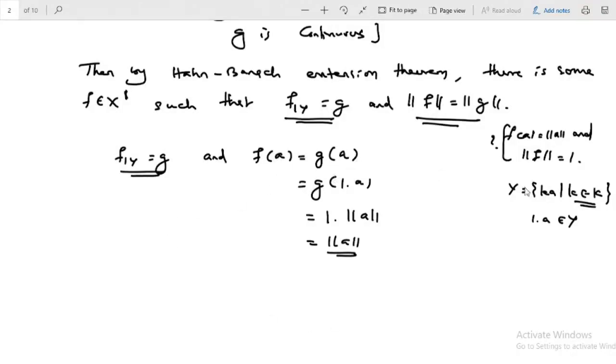F of A is equal to G of A. This is since A belongs to Y. Then it remains to show norm of F is equal to 1.